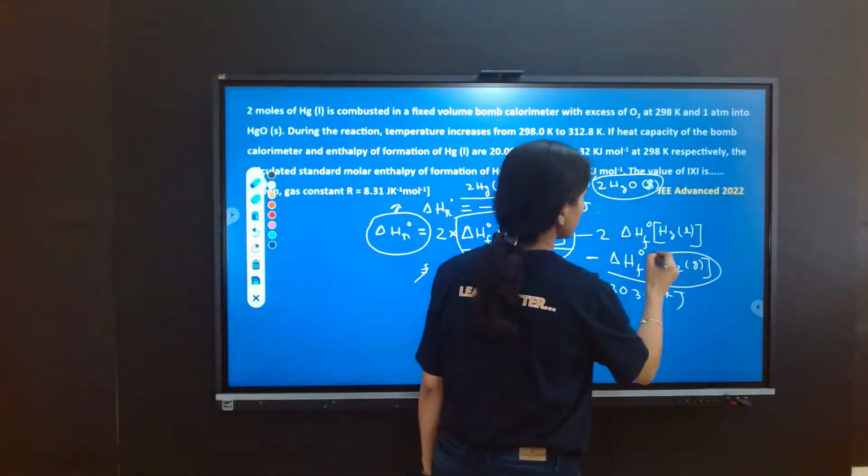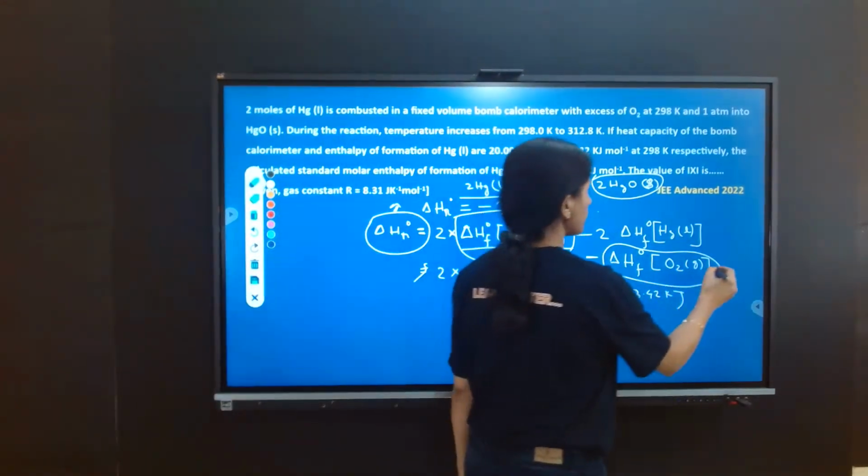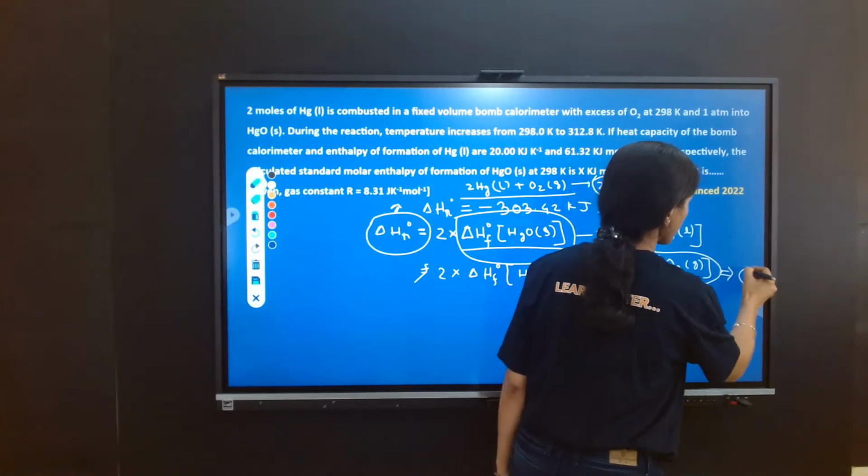And we also know that because oxygen is in its standard form, the formation delta HF0 O2 must be 0.